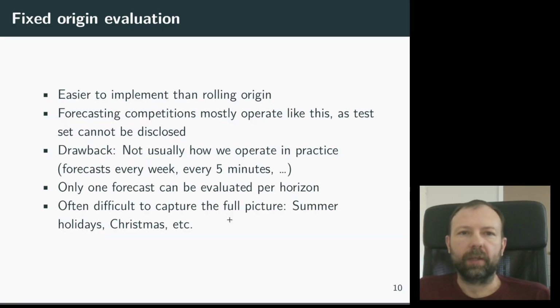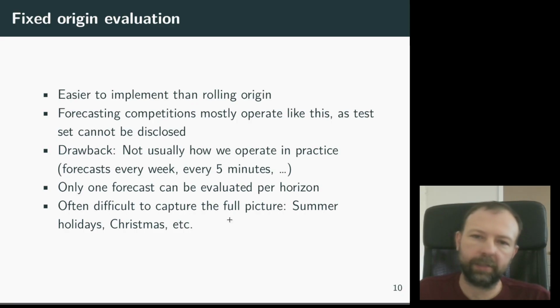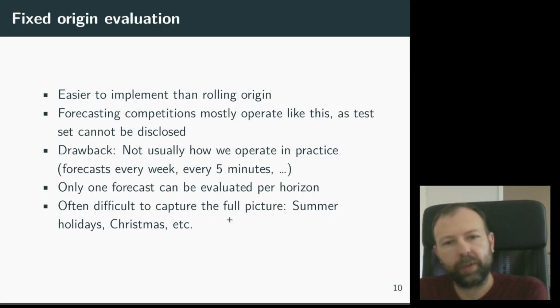And that's why a lot of academic settings are also fixed origin. But the obvious drawback is that it's not usually how we operate in practice, right? In practice, we would do forecasts every week, every 5 minutes, something like that. And then obviously, we always have the data available up to that point. If we forecast every week for the next week, every week we have the data available up to that week.